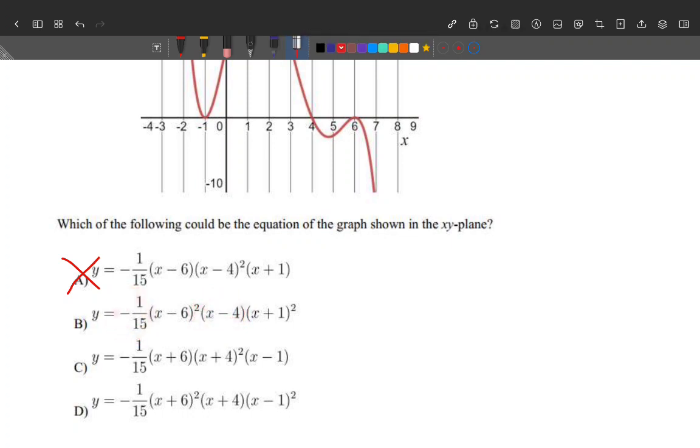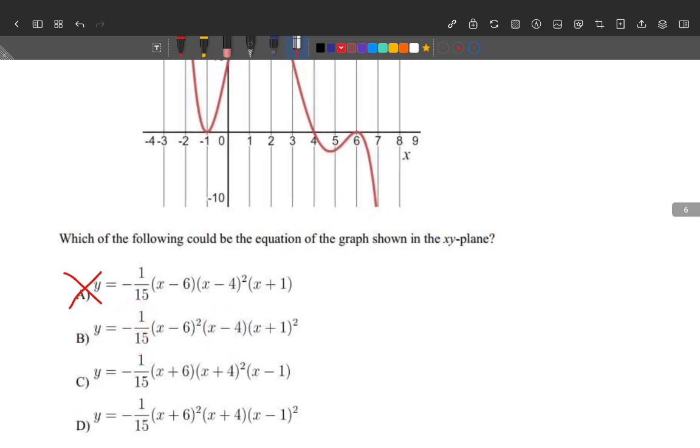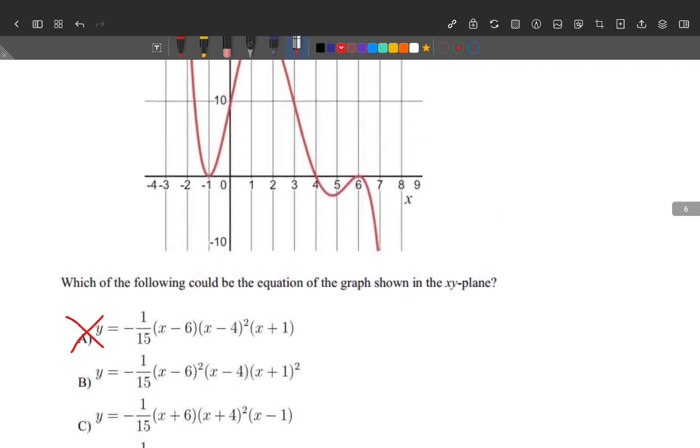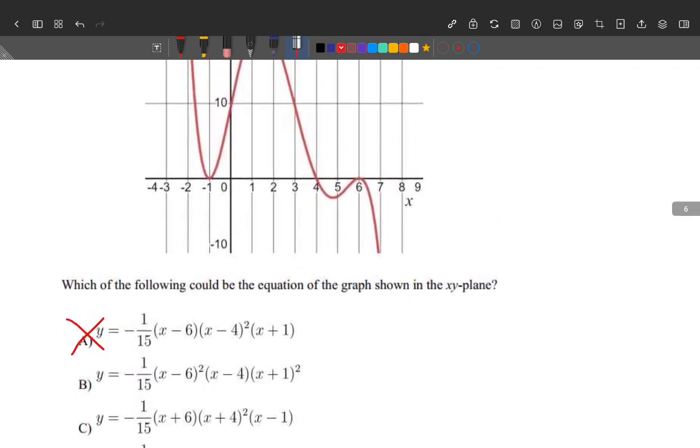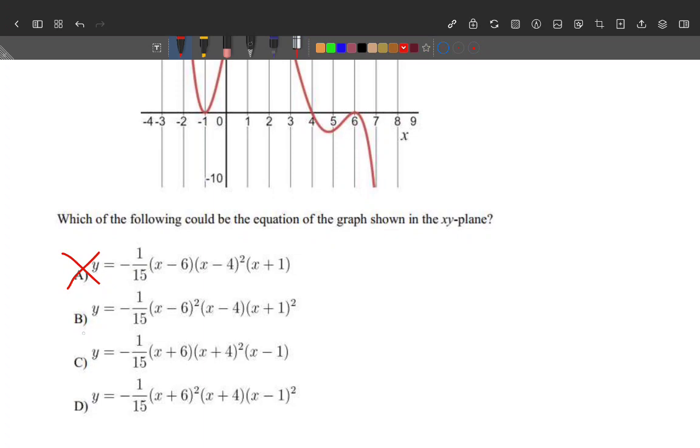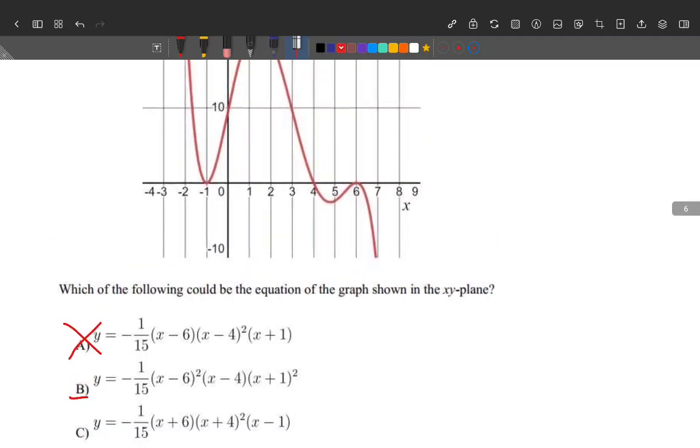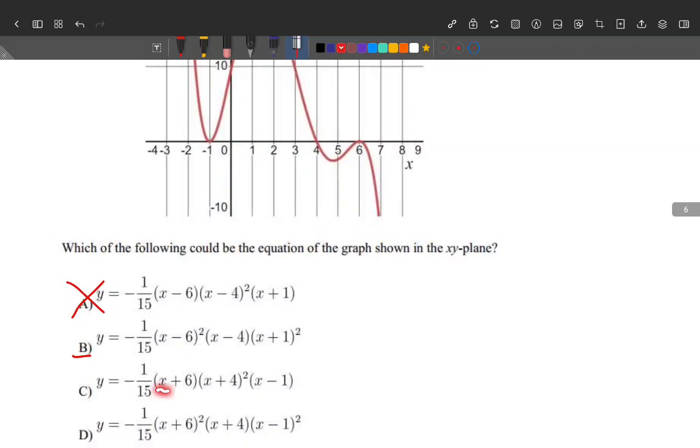Negative and negative will be positive. Okay, maybe it's true. What about this? It's easy. It will not be 0 when x is 6.